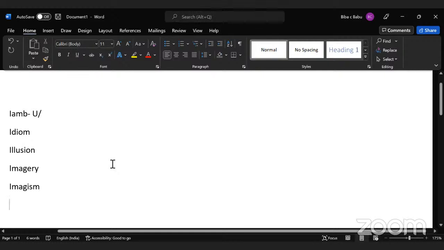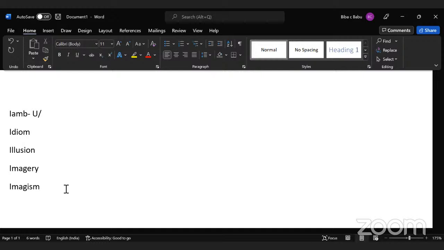So imagism is a movement. It is an early 20th century movement in poetry. In this kind of movement, there is a use of precise imagery, clear, sharp language.